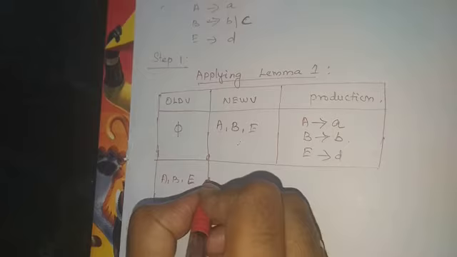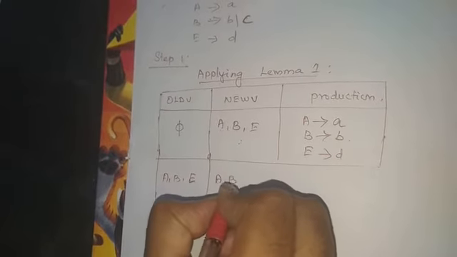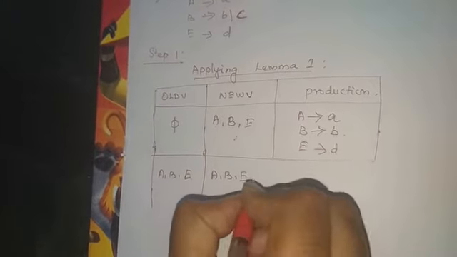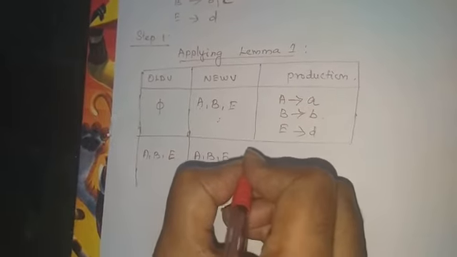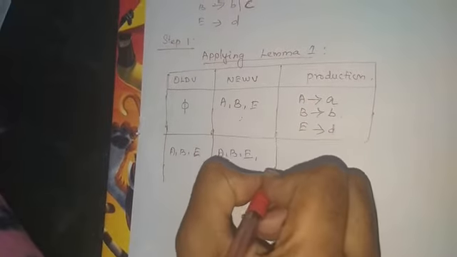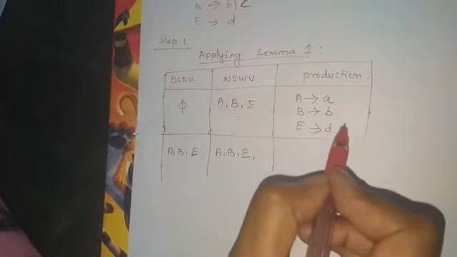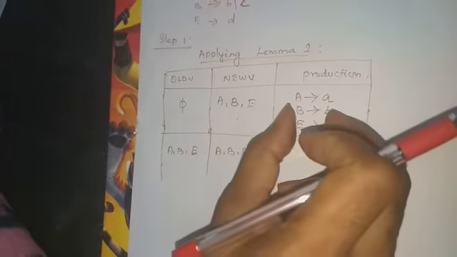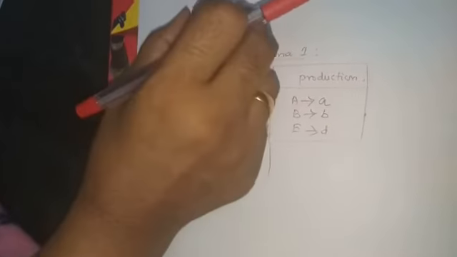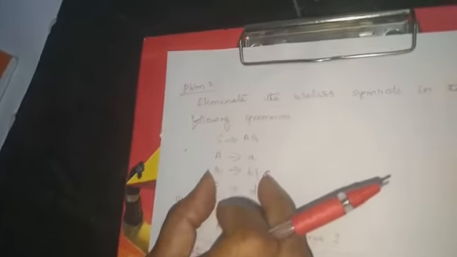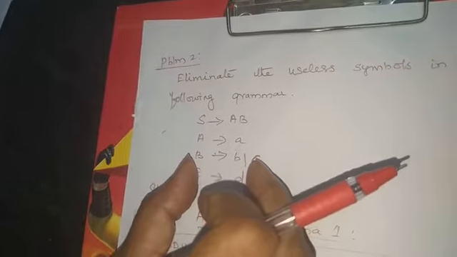After that, I have to write the same thing in new V also. Along with that I have to consider other productions. Which productions can I consider? The productions for which you already got some results in the first step. By applying these productions in the grammar, you have to check whether you are able to derive any terminal string.